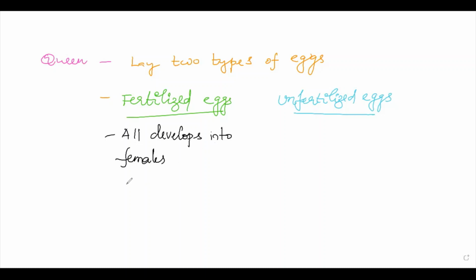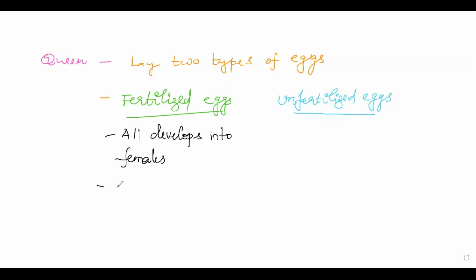So these females, after hatching from the eggs, will get nourishment. That's why you can say all the larvae developed from the fertilized eggs are fed royal jelly as a food material.